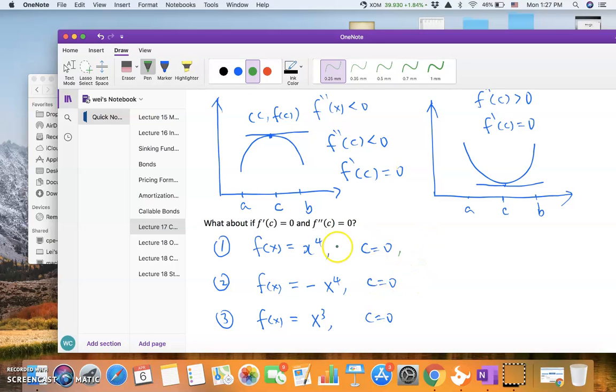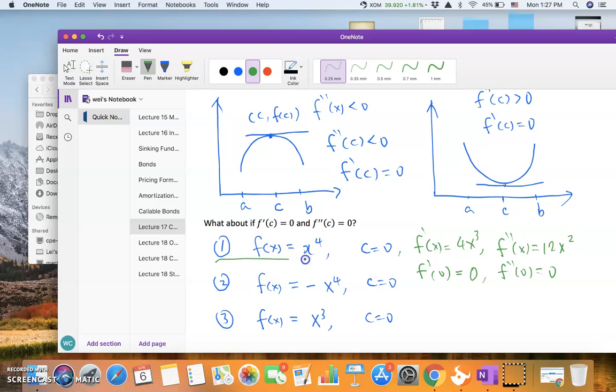All right. For the first function, its first derivative is 4 times x to the third, and the second derivative is 12x squared. And when x equals 0, the first derivative is 0, and the second derivative is also 0.